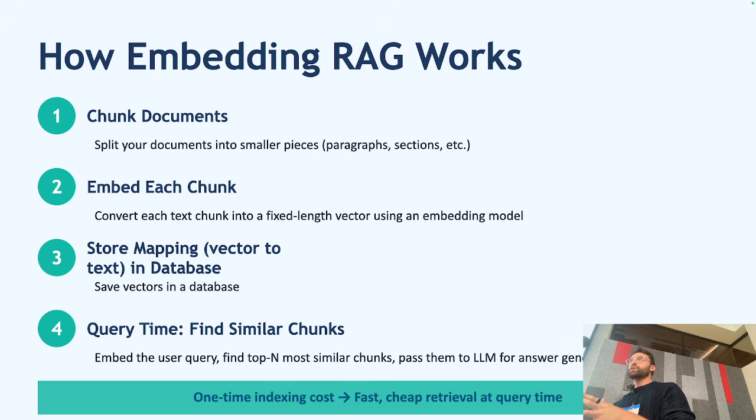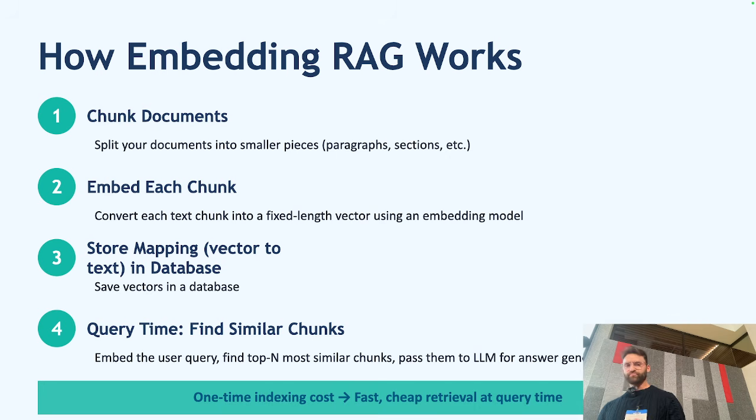For each chunk, we calculate the embedding, and we store a mapping from every vector that we've calculated to the corresponding chunk, or probably chunk ID, in your database. And there's a bunch of tooling that makes this really easy, like Pinecone, or a Postgres extension, but this is just the concept.